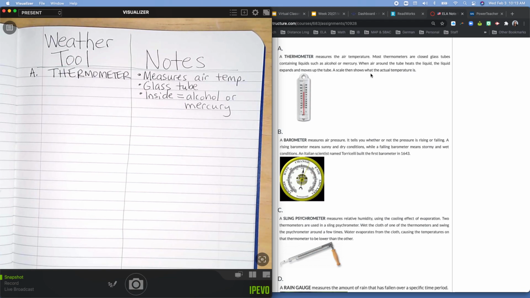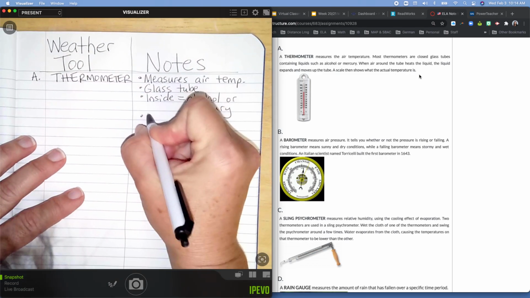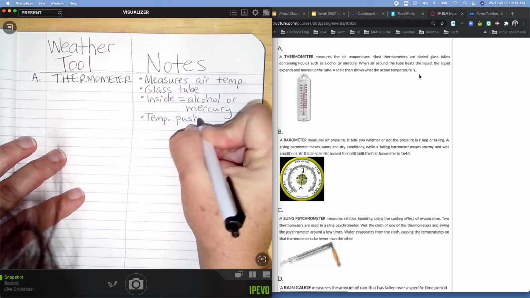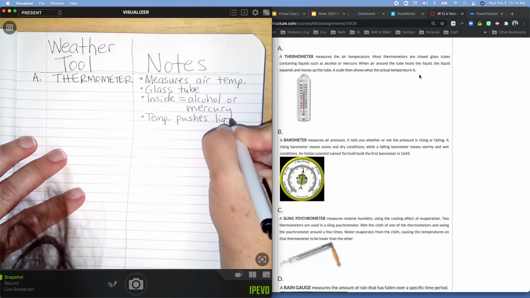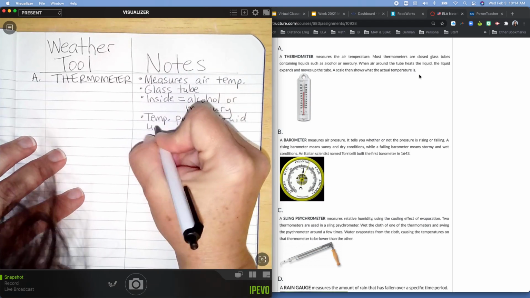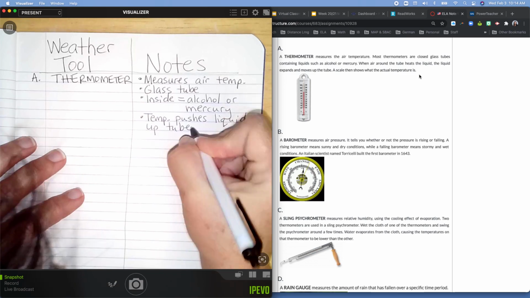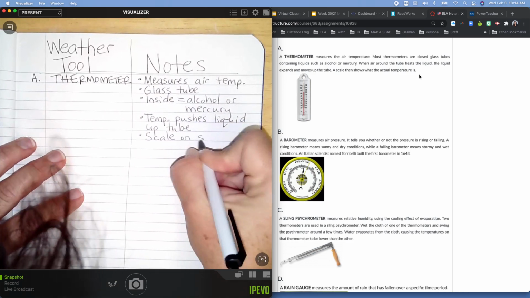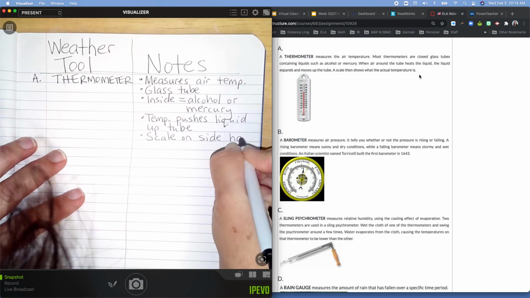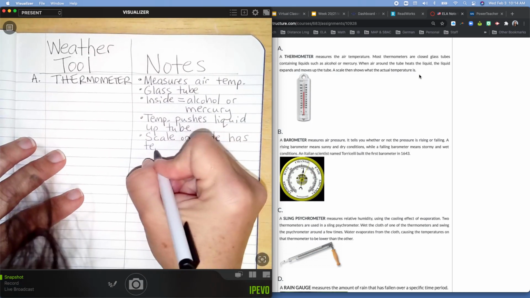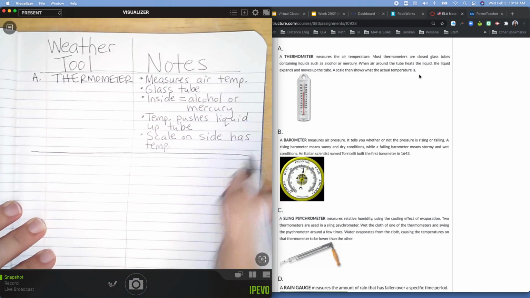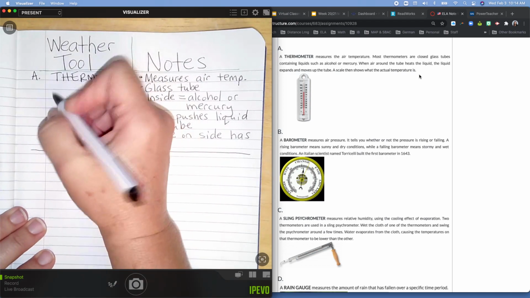A scale then shows what the actual temperature is. So, temp, it kind of sounds like it pushes liquid up tube, and then scale on side has temp.